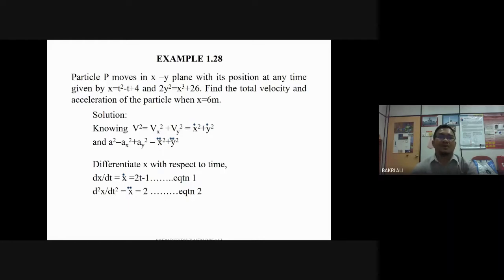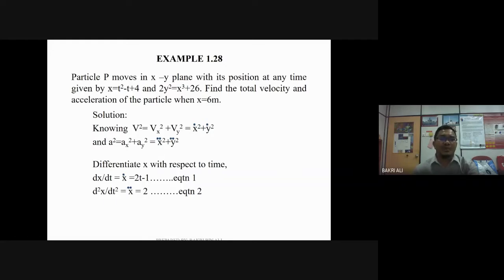Okay, so to solve this problem, firstly, we need to convert this position into velocity function. That means we need to differentiate x with respect to t, and y as well needs to be differentiated with respect to time.